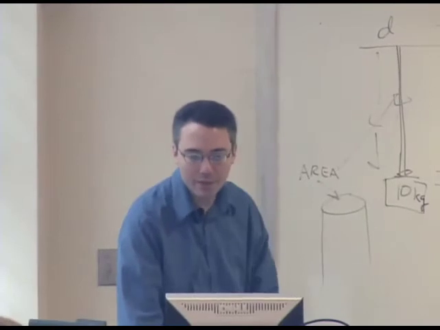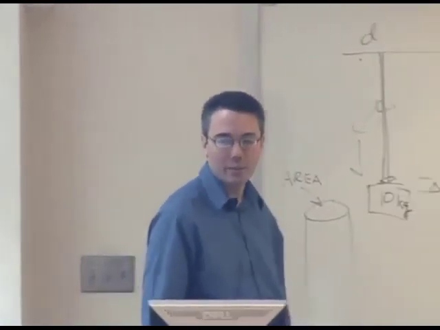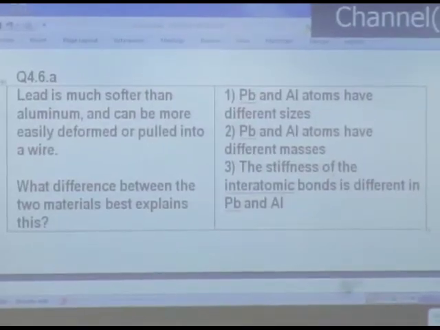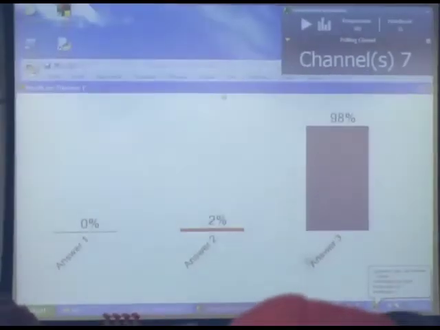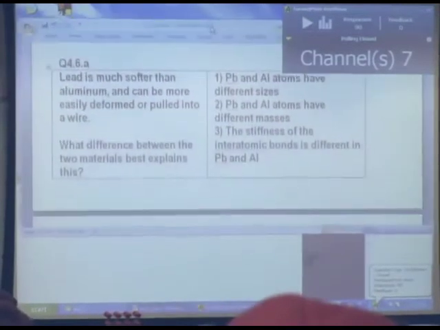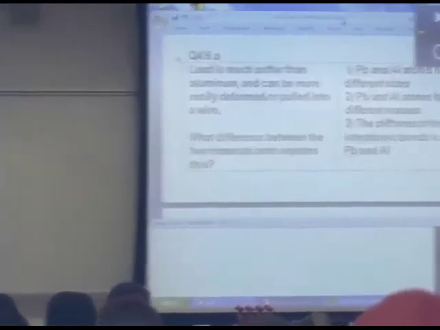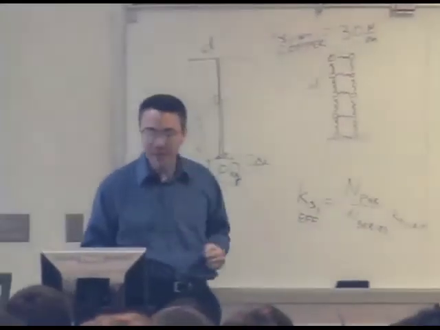Lead and aluminum atoms have different sizes, they have different masses, or they have different interatomic spring stiffnesses. Okay, clearly answer number 3, right? And almost unanimous, not quite. Interatomic spring stiffness is different. So that explains the stretchiness or the malleability of a material, right? It kind of makes sense.